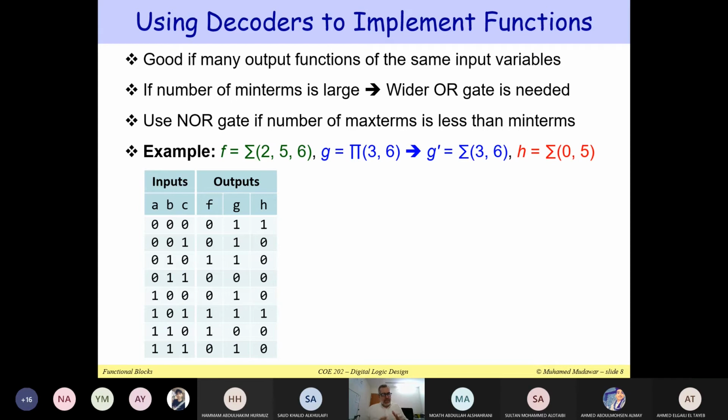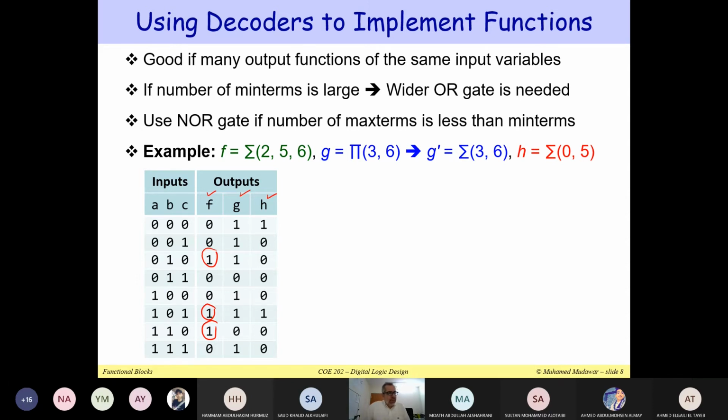Here we have the truth table of a circuit that has 3 outputs: output F, output G, and output H. All I need is just one decoder to produce these 3 outputs. Notice that for the function F, we have 1 minterm, a second minterm, and a third minterm. So only 3 minterms. If you have 3 minterms, what does it mean?